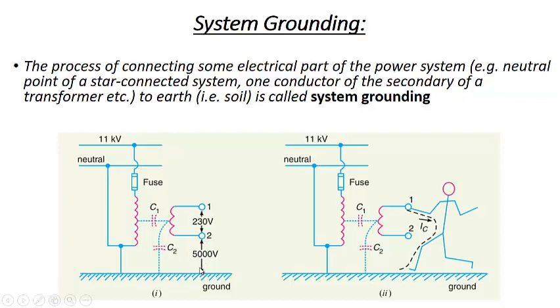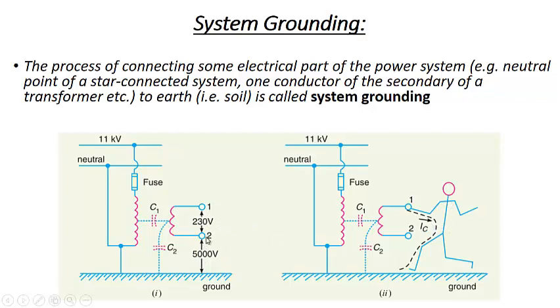That voltage will be of this order. And when a person touches this point during this condition, when this point is not grounded to the earth, you will see that this much voltage will appear across them and it will result in the instant death of the person.